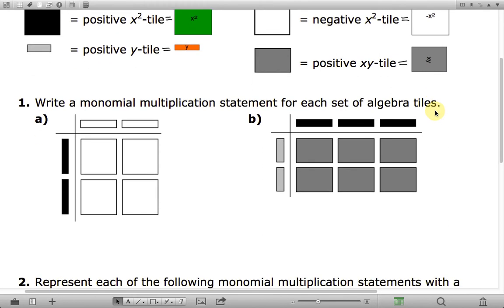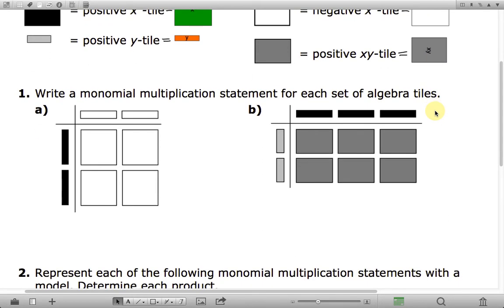The first thing we're going to look at is to write a monomial multiplication statement for each set of algebra tiles. You can see that we have a length and a width here. Let's write down what each one of those is. Here we have a 2x for the length, and here we have a negative 2x for the width.